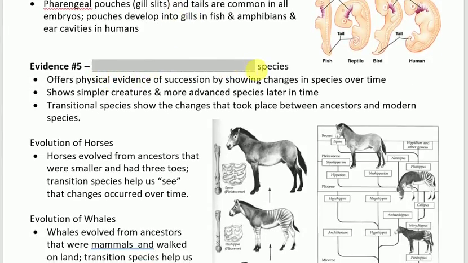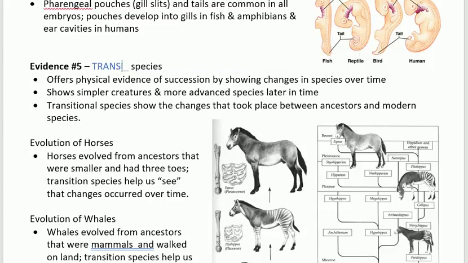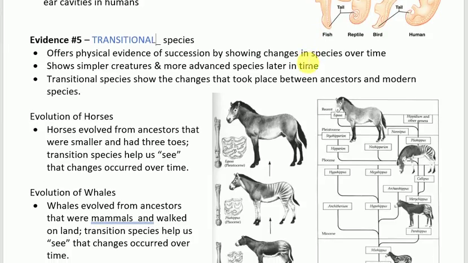The 5th type of evidence that we have is transitional species. So this is going to offer physical evidence of succession by showing the changes over time. Usually simpler creatures are shown, and then it shows more advanced species later in time.